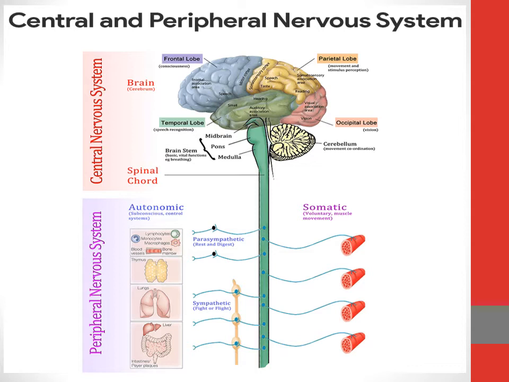Okay. What about the temporal lobe? So the temporal lobe is going to be involved in auditory processing, so processing of what you're hearing. It's going to also be involved in the processing of smell. It has the ability to retrieve memory and information.